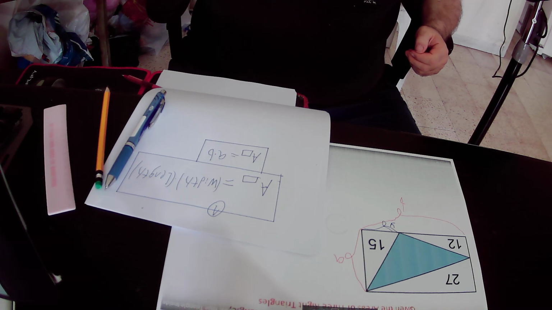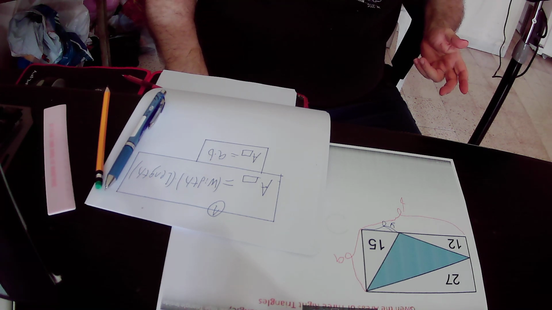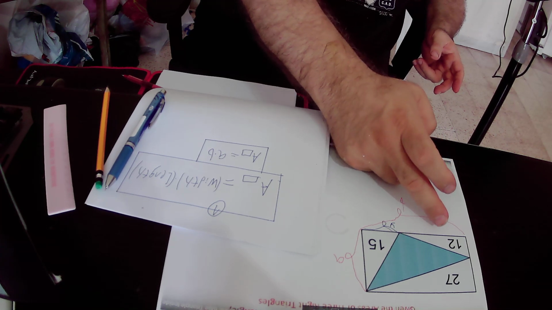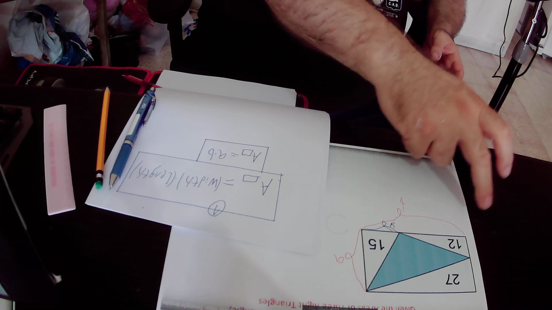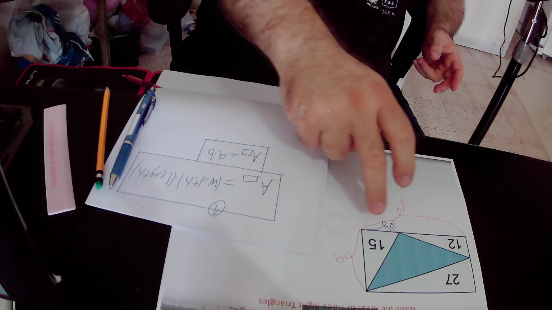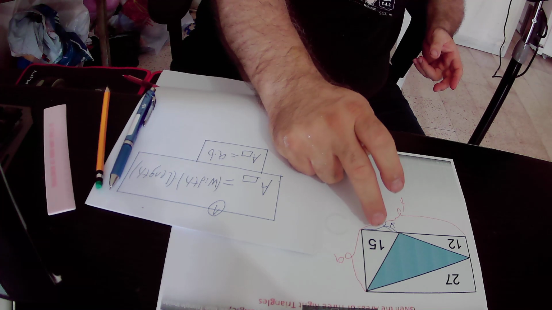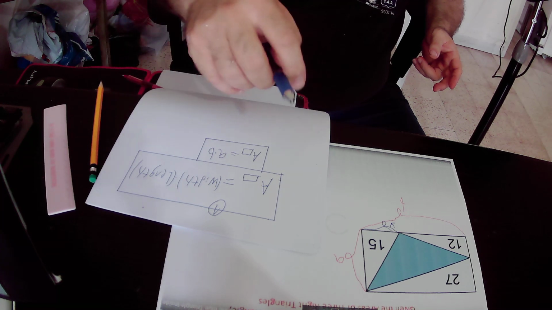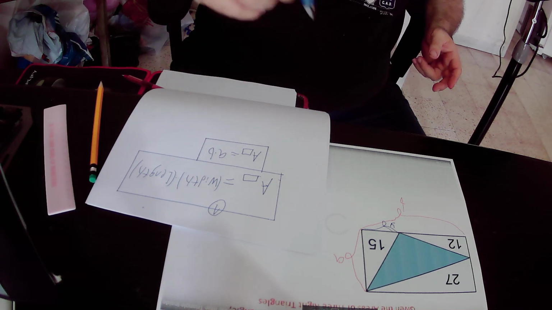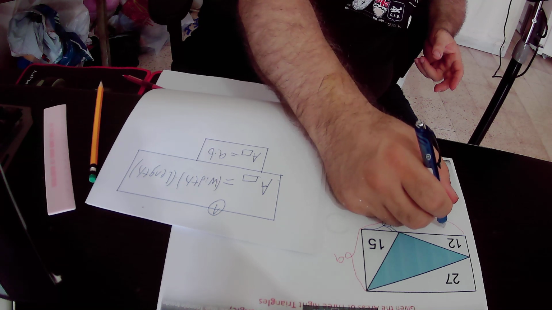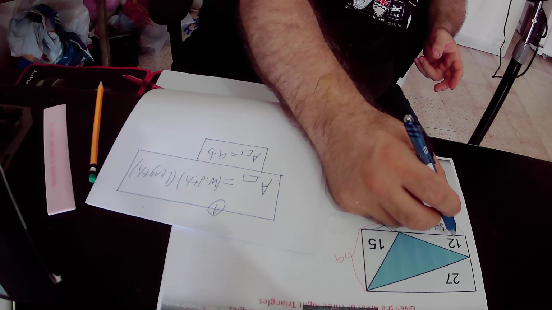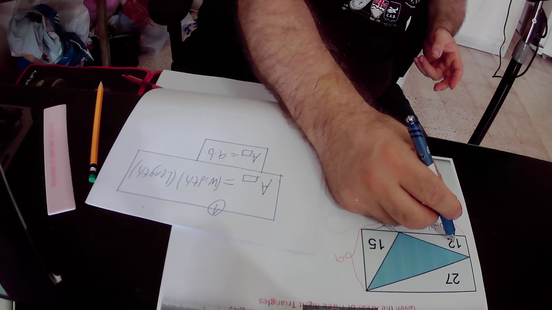So you can see immediately that the base of the right triangle whose area is 12 units will be equal to b, the length of the rectangle, minus the base of this triangle, which is y. So b minus y will be the base of the triangle whose area is 12 units.